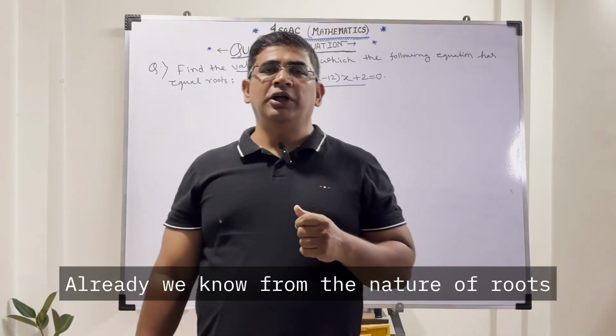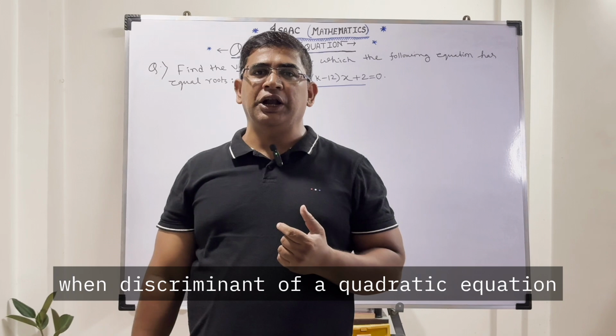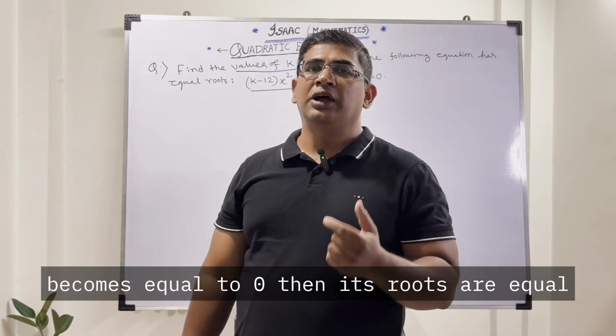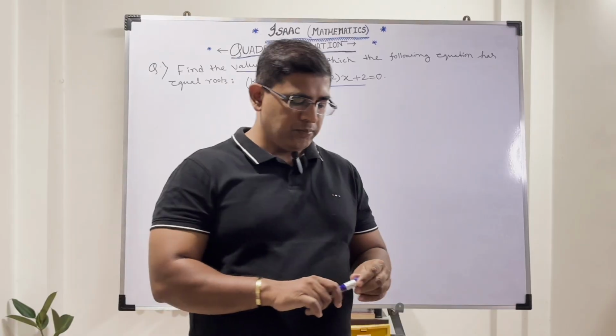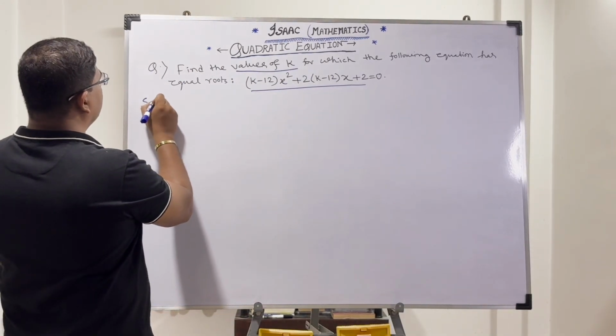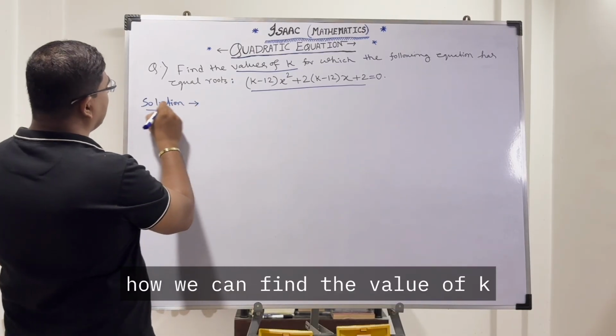Already we know from the nature of roots, when discriminant of a quadratic equation becomes equal to 0, then its roots are equal. So let us study how we can find the value of k.